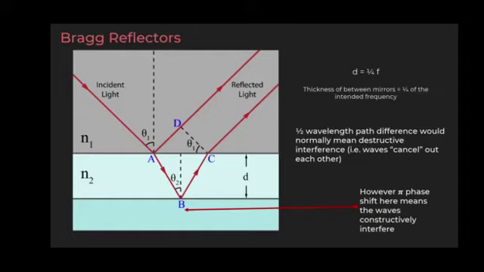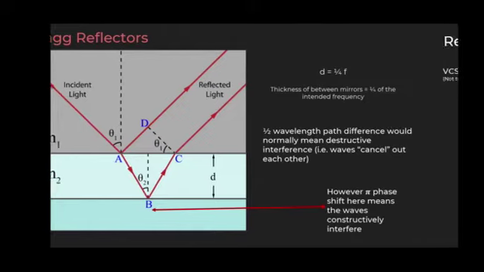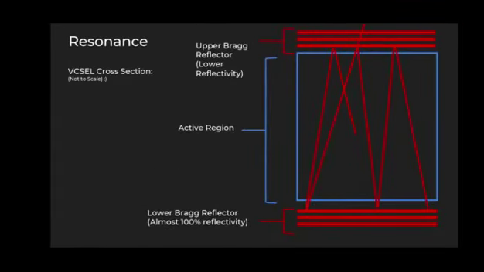Note, in a VCSEL, the top Bragg reflector has somewhat of a lower reflectivity. This allows some of the coherent and collimated light from the cavity to pass through and be emitted from the surface. This process is part of the laser's resonator. When the reflected light passes over the active region again, it interferes with the excited electrons again.